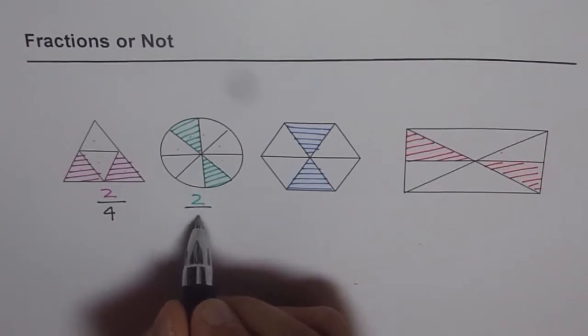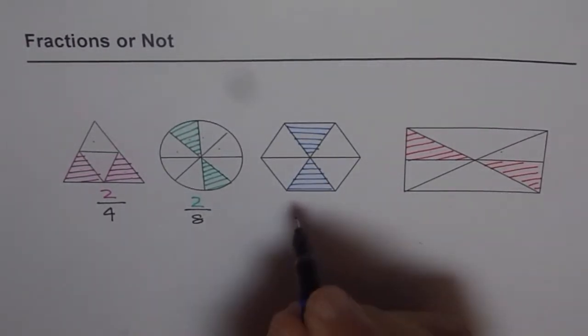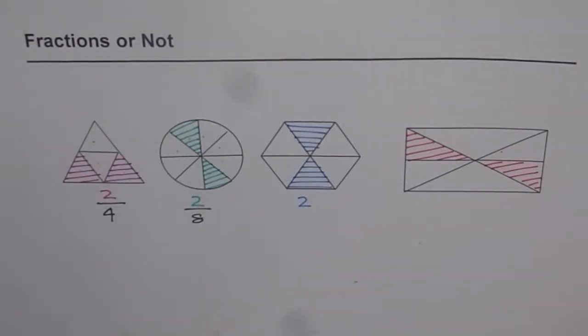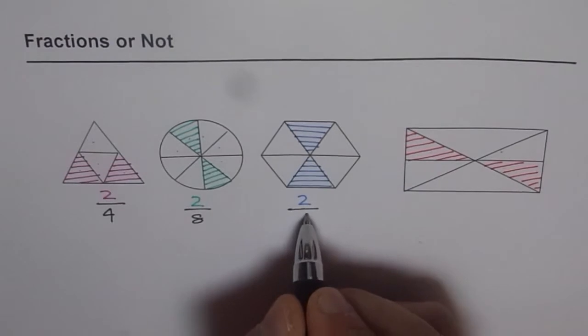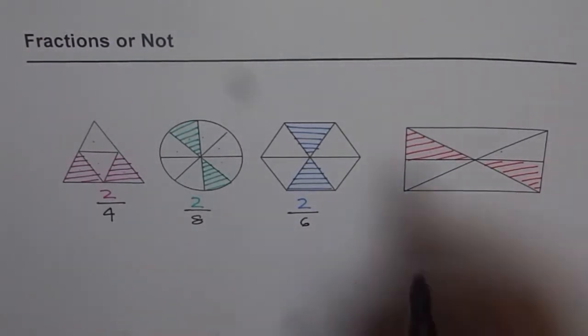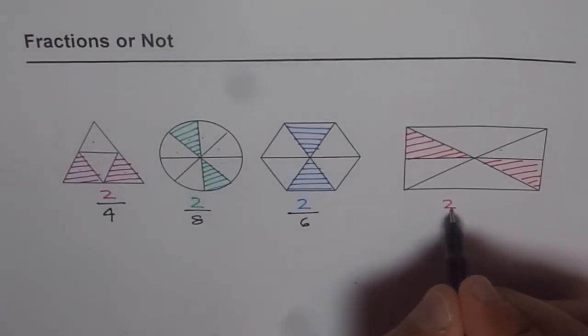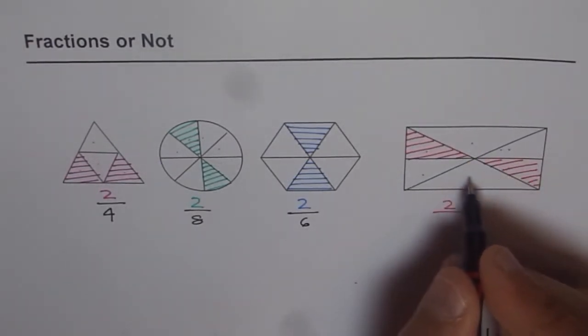So it is 2 out of 8. Now in the hexagon, we shaded 2 and 2 out of 6, since there are 6 triangles. Now in the last one, we shaded how many? 2. 2 out of 1, 2, 3, 4, 5, 6.